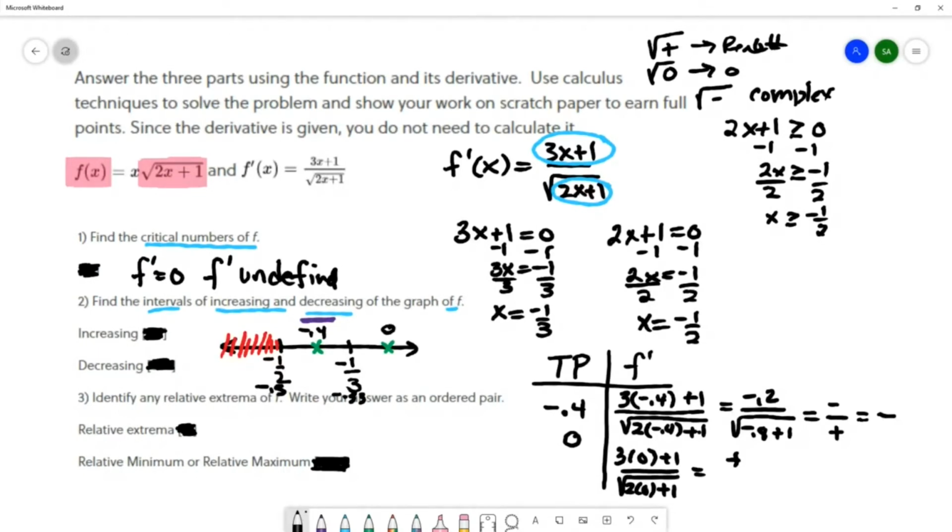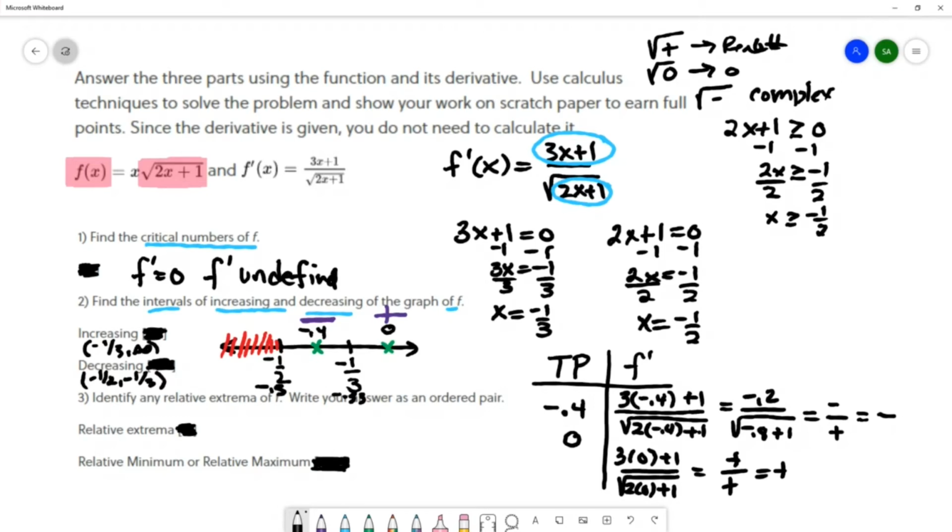That's a positive over a positive, which is a positive. So on this interval, our first derivative is positive, which indicates the function is increasing on that interval. So we would state that this function is increasing on the interval from negative 1/3 to infinity, and decreasing on the interval from negative 1/2 to negative 1/3.